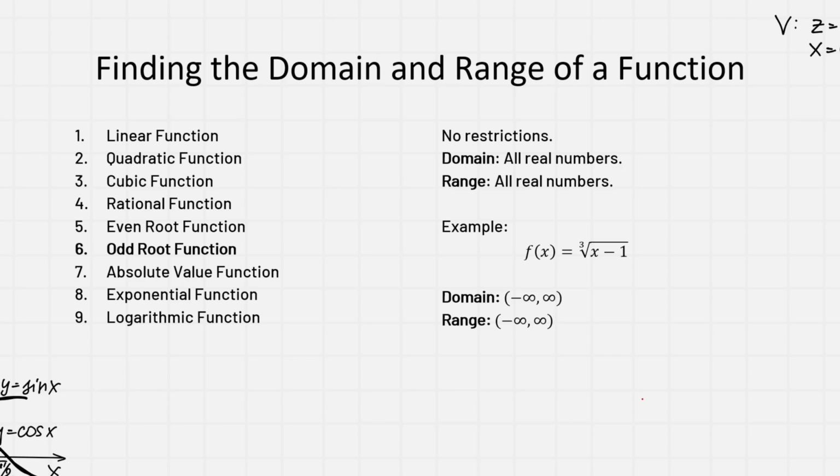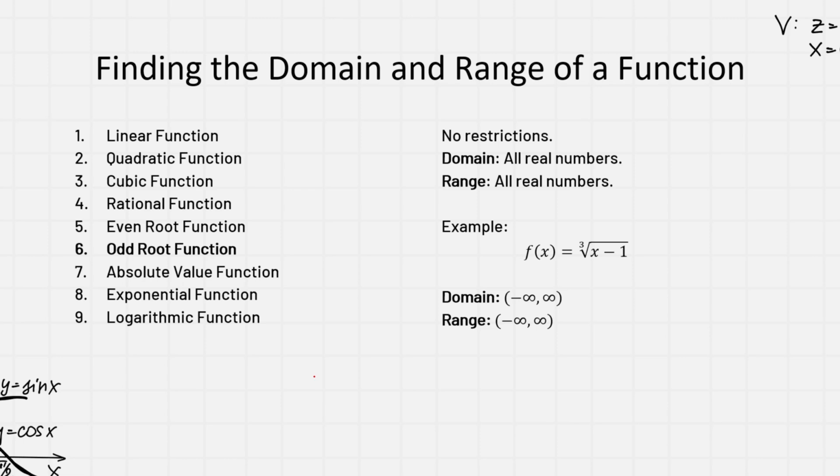So how do you find if your root is even or odd? By focusing on the index of your root or of your radical function. If the index is even, it is an even root function.